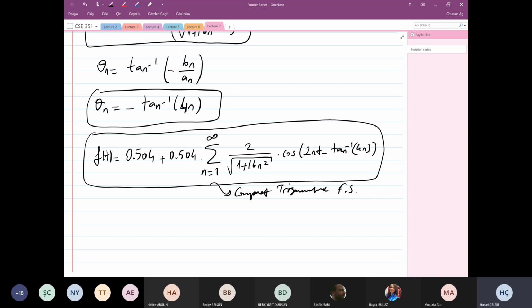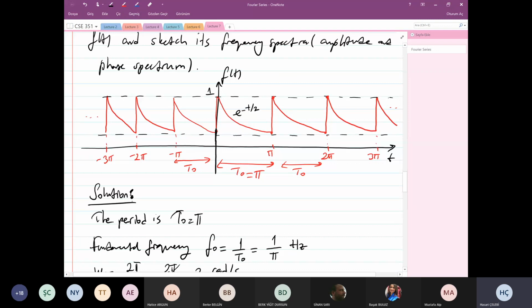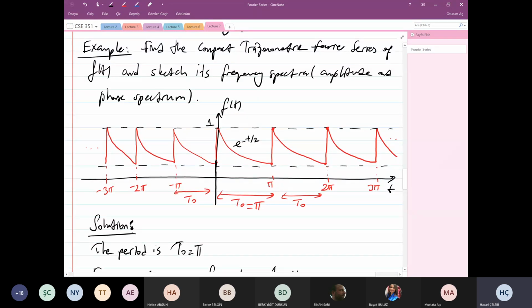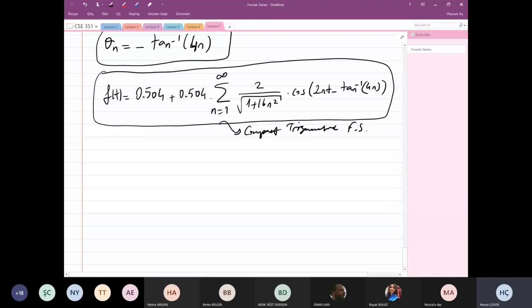Okay, are we done? No. The question says to first find the compact trigonometric Fourier series, then sketch its frequency spectra, which is the amplitude spectrum as well as the phase spectrum. Now, the last question that we need to answer is to draw this frequency spectra. So the first one is the amplitude spectrum, which was Cn versus frequency, right?